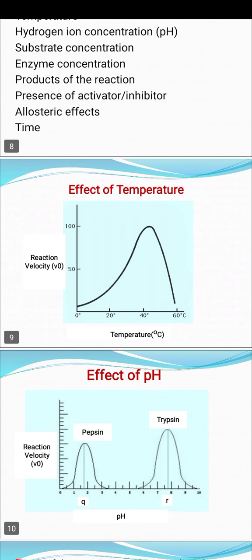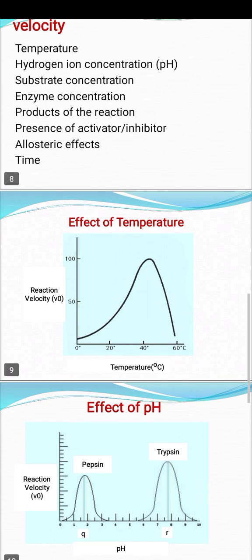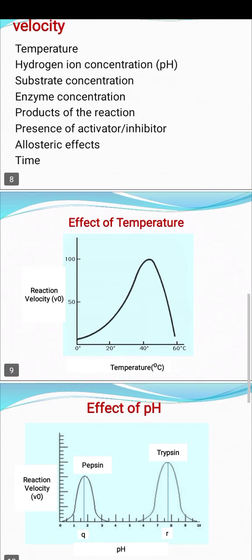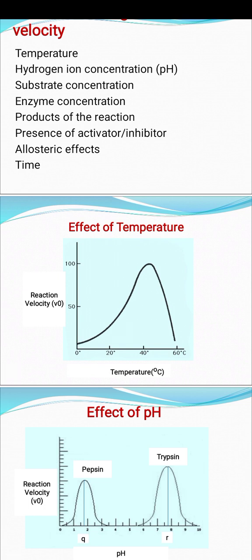The heat will denature the hydrogen bonds. Each enzyme functions at its optimum temperature. The rate of an enzyme-catalyzed reaction generally increases with temperature within the range in which the enzyme is stable and retains full activity.